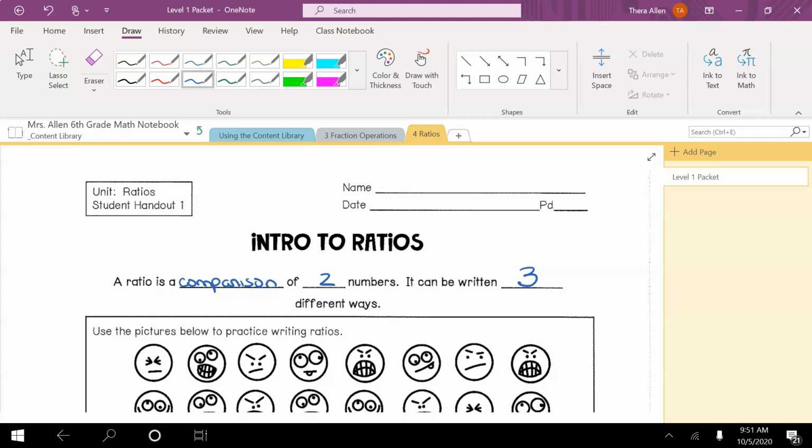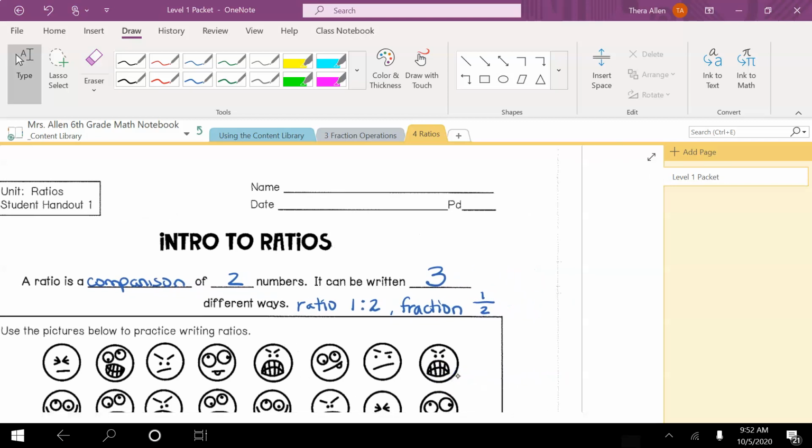All right, and those three different ways, one way is called a ratio. So let's use the comparison 1 to 2. When you write it as a ratio with the colon, you put 1 colon 2. You can also write it as a fraction, which is 1 over 2.